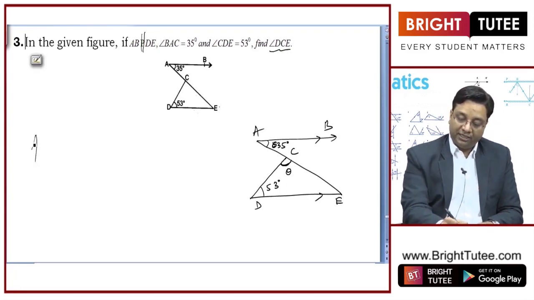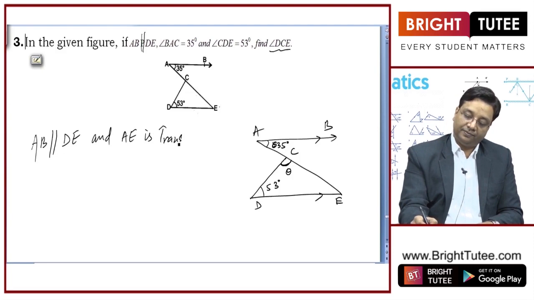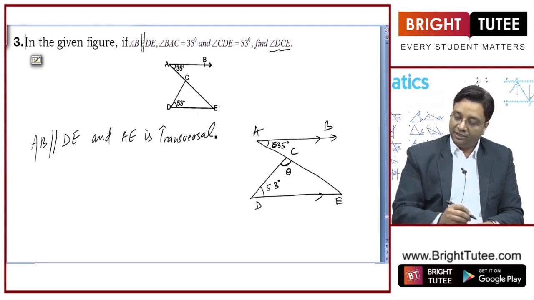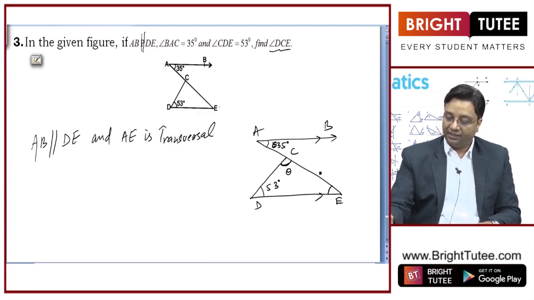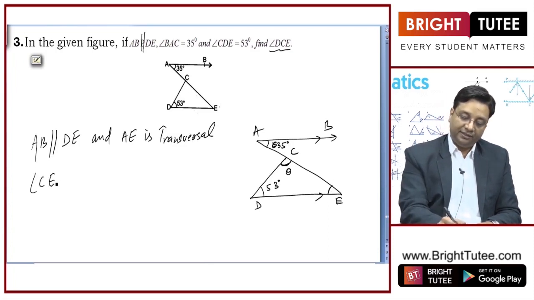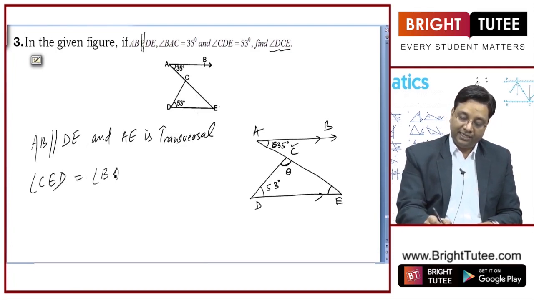Now you notice in the figure that AB is parallel to DE and AE is transversal. So I can say that this angle, which is angle CED, is equal to this angle here, angle BAE.